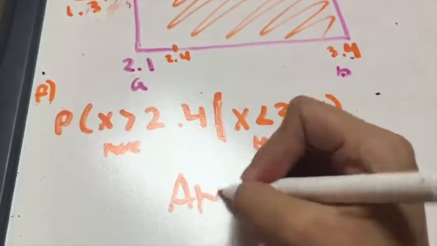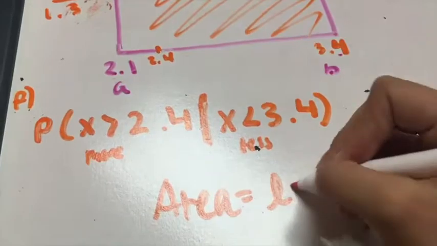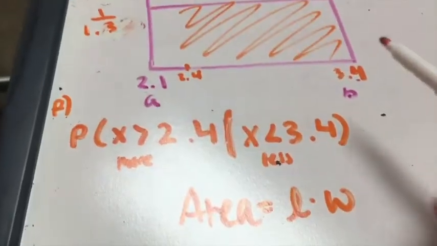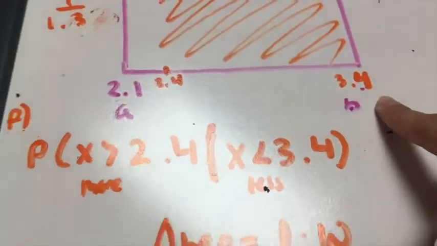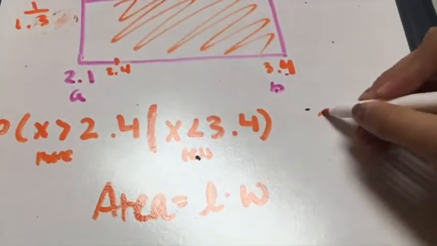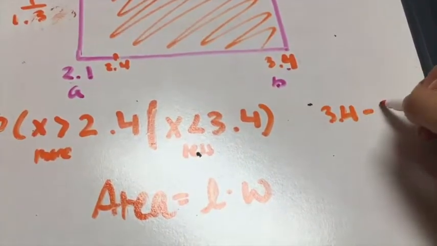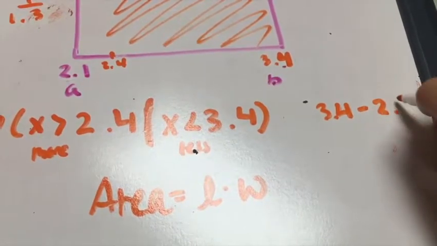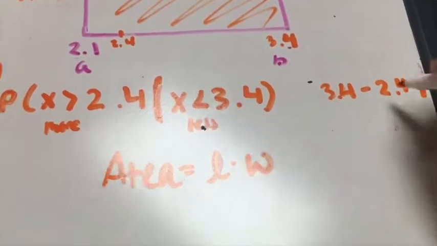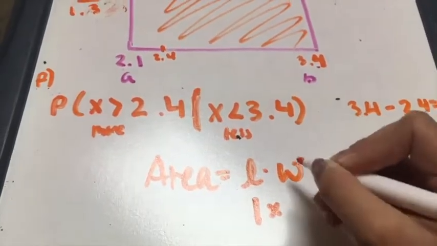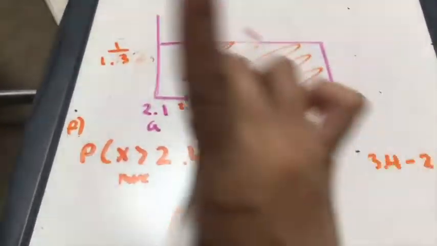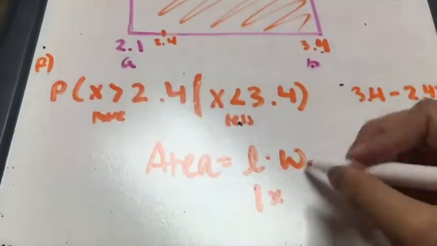And area is still length times width. So you want the length from 2.4 to 3.4. So 3.4 minus 2.4 is 1. So you have a length of 1 times your width. Since you got the new b, you had the new width, and your new width is 1 over 1.3.